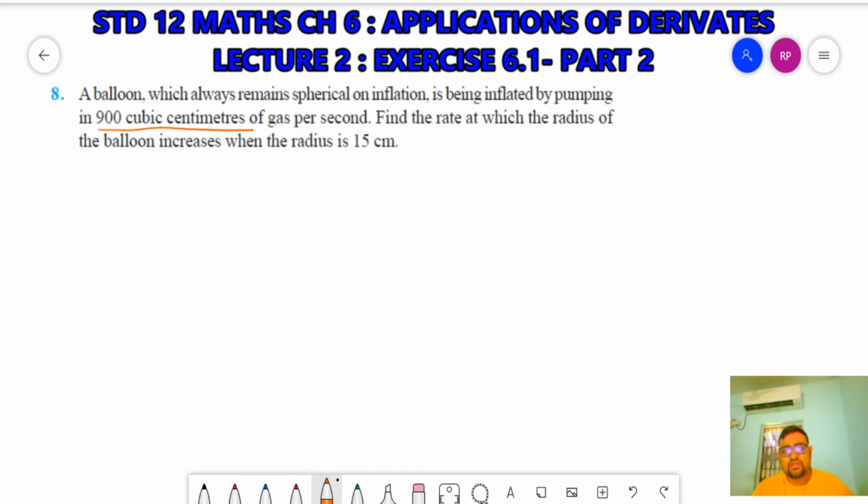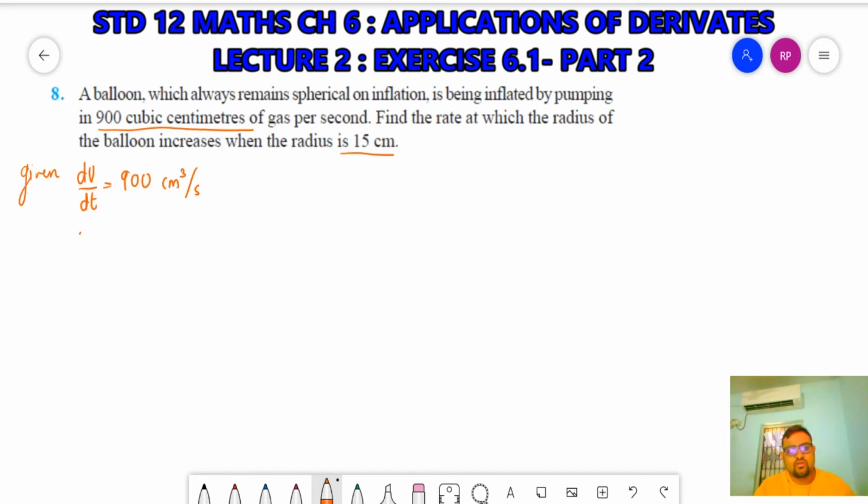Find the rate at which the radius of the balloon increases when the radius is 1.5 centimeter. First let me write down the given thing. The volume is changing at a rate of 900 centimeter cube per second.